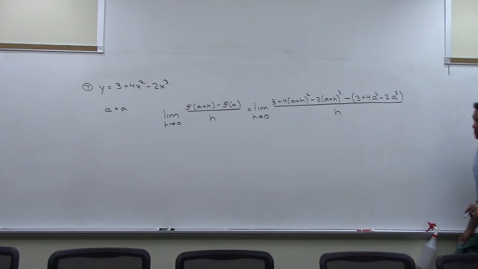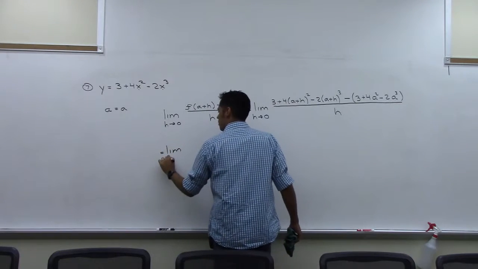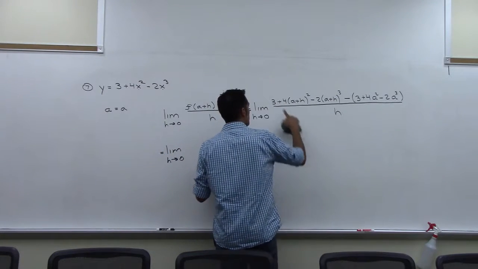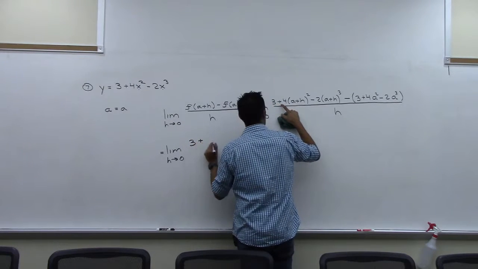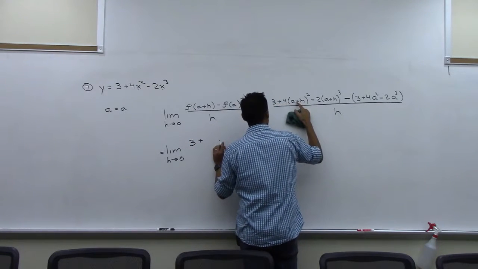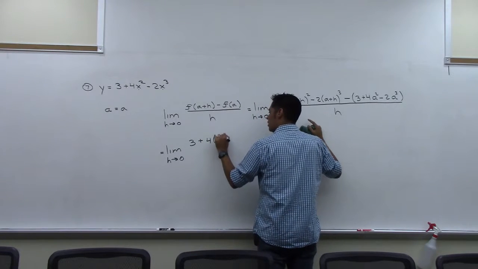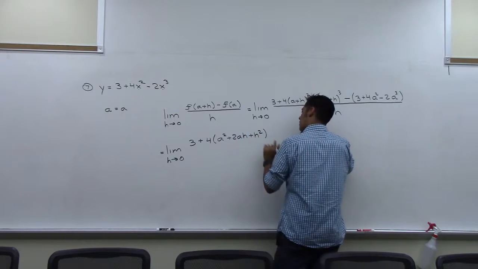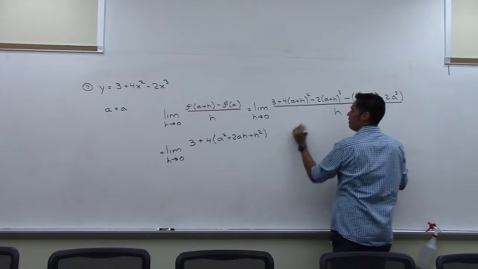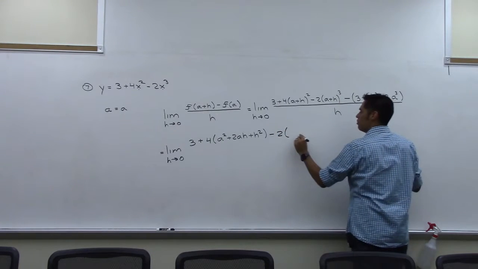And I have a lot of work to do. Limit h goes to 0. All right, 3, okay, that's not bad. 3 plus, all right, 4 times this. 4 times, now what is this squared? I'm assuming you could do that on your own. Okay, so that's what you would get if you square that. Minus 2 times whatever this is cubed.